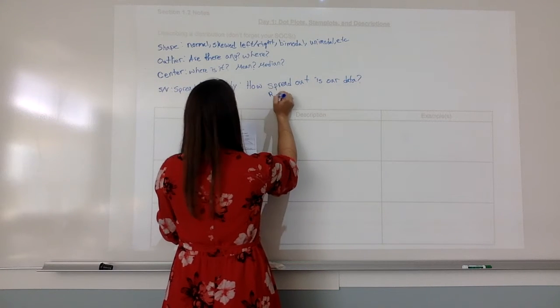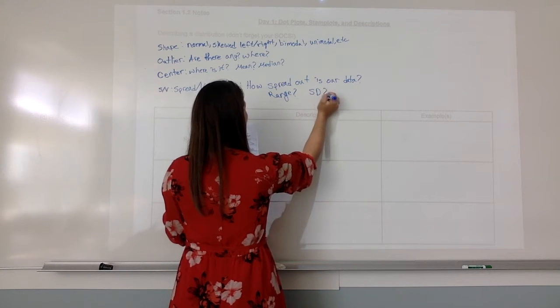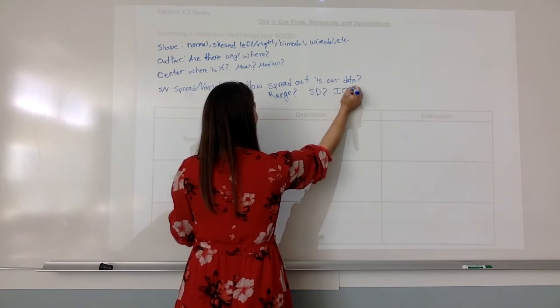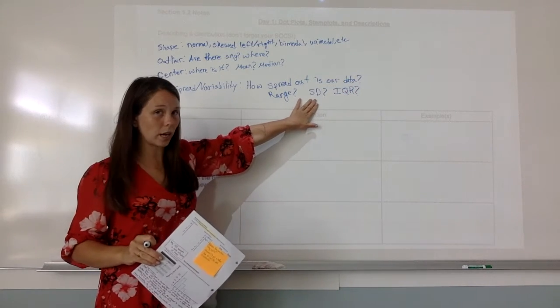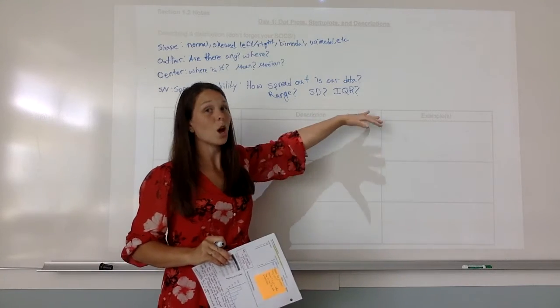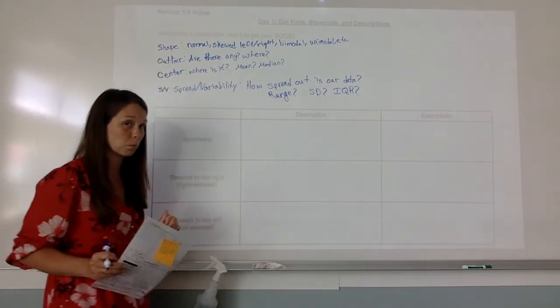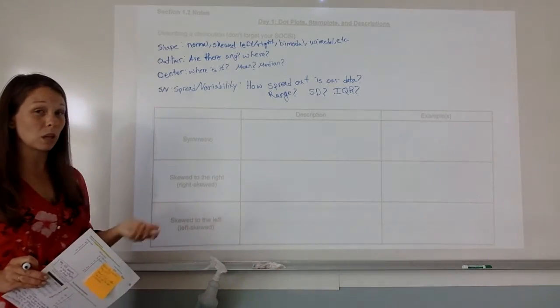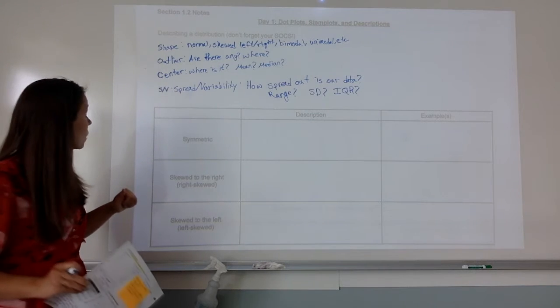Things like, what is the range, standard deviation, or interquartile range? So standard deviation I shorthand as SD, interquartile range I shorthand as IQR. We'll be defining these further down in the notes, so don't be alarmed if those seem really new to you. Okay, we'll be going through those.